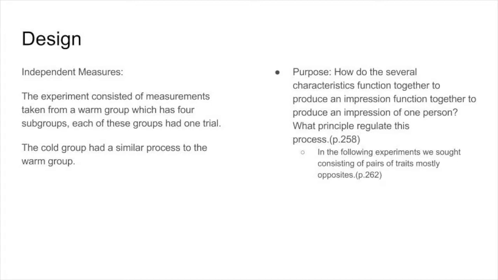Using independent measures for these groups benefits the experiment because the participants will not be reused or switched over to another group, meaning participants who were originally in the warm group will not move to the cold group. If they were moved from warm to cold, there is a possibility that the participants would mix up the meanings or interpret it differently than what the experimenter wanted.